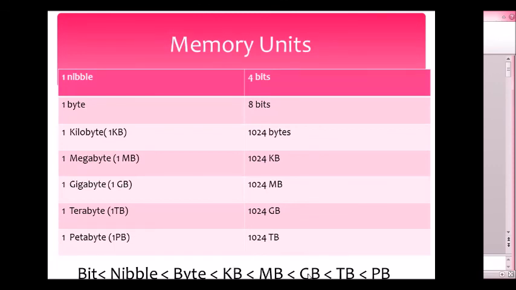MB is megabyte, GB is gigabyte, GB is 1024 MB, and terabyte means 1024 GB, and the last one, petabyte, is 1024 terabytes. Okay, this petabyte is quite huge actually.